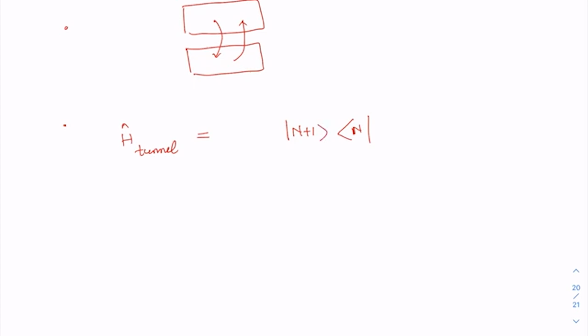Of course we have to sum over all the possible n, so we can take n from minus infinity to plus infinity. It may look odd that we are summing from minus infinity to plus infinity, but that is not a problem, because ultimately the total number of Cooper pairs is going to be taken care of by the charging energy. And you should also know that this Hamiltonian has to be Hermitian, so the reverse process has also to be allowed.